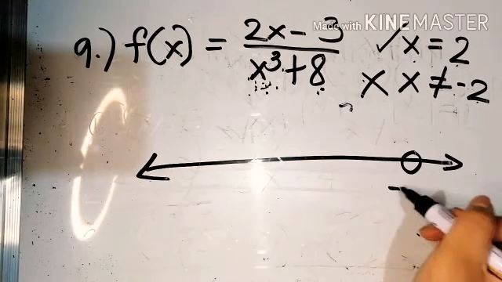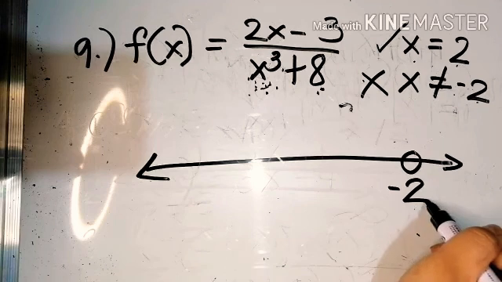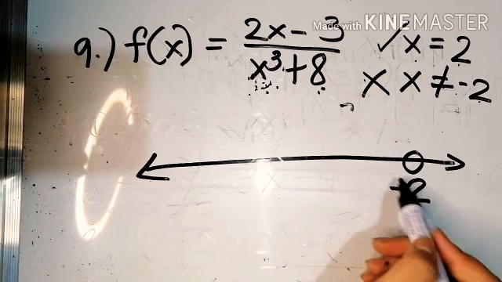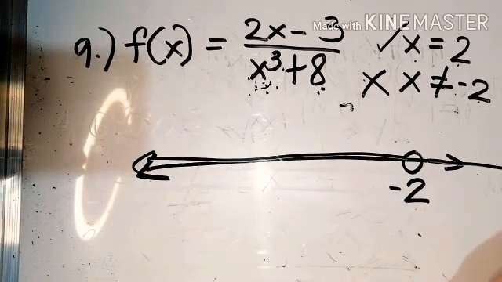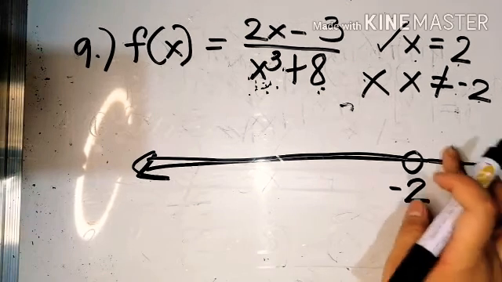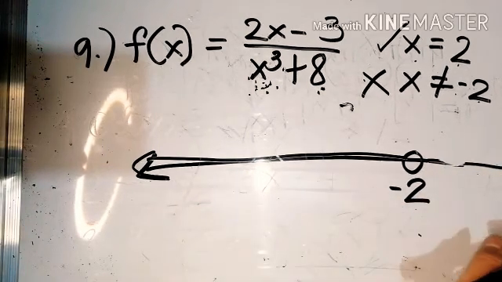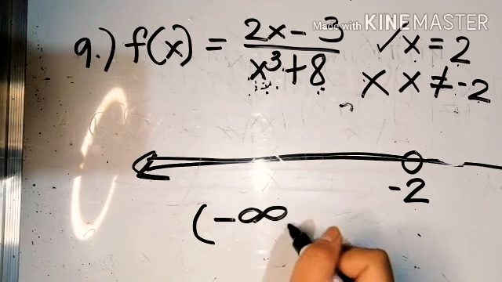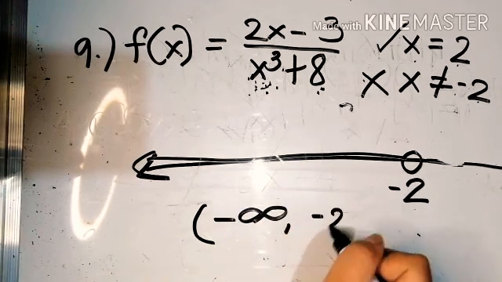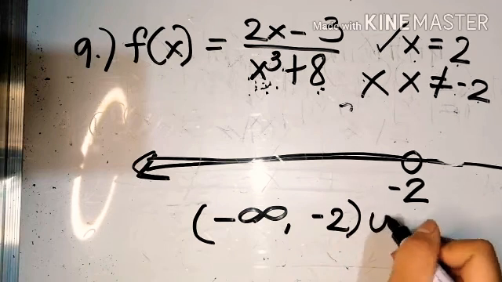How are we going to draw it? So, negative 2, hindi siya included. So, siya ay magiging open. Open yung circle natin dyan sa negative 2. Sorry, napahaba yung nasa left side. Ganyan pa rin yung interpretation naman niya. So, pwede siya yung mga negative numbers, so, negative infinity natin yan.